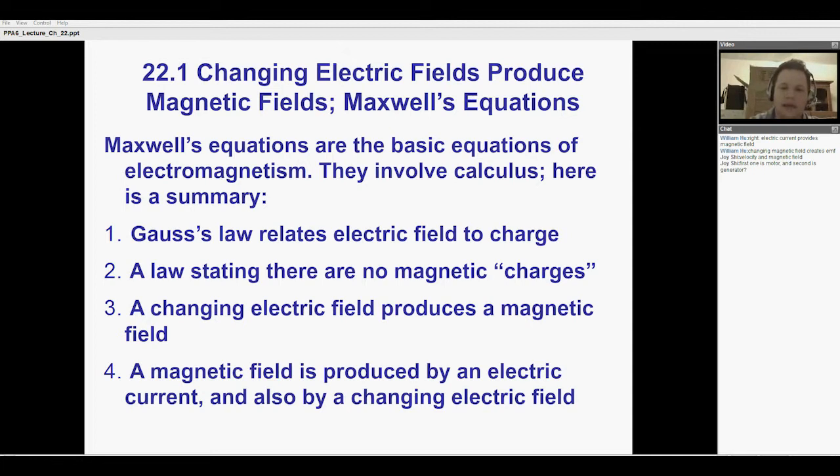We've talked about Gauss's law, about how charges and electric fields are related. And there was a British scientist named James Clerk Maxwell who saw all these laws and some of these symmetries and put them all together into 4 laws.